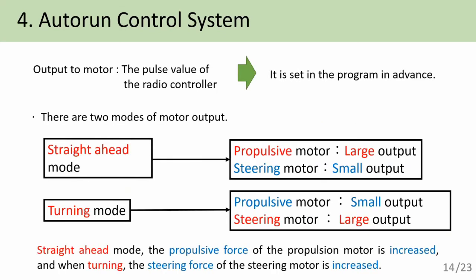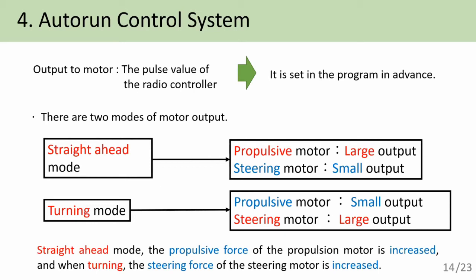Next, about the output mode of the motor. The motor output is the pulse value of the radio controller. It is set in the program in advance. There are two modes of motor output. First, straight ahead mode. In straight ahead mode, the propulsive motor has large output and the steering motor has small output.